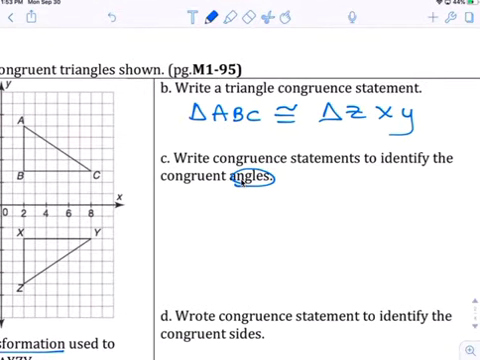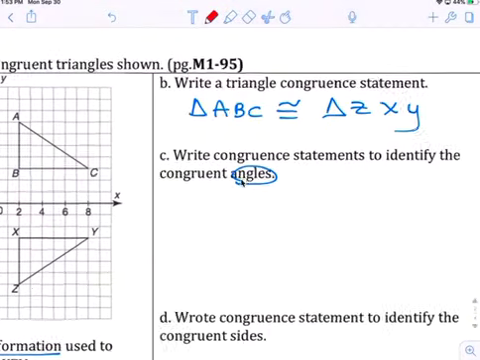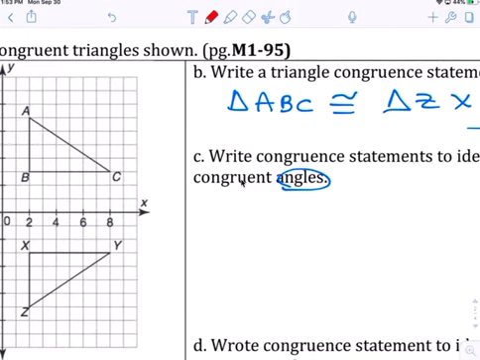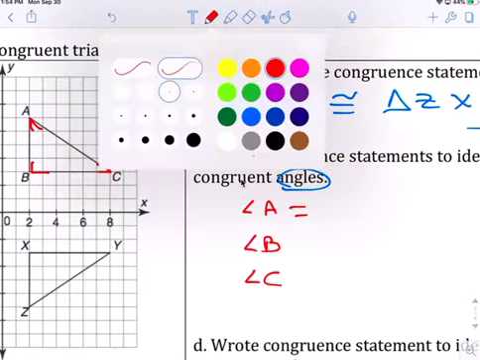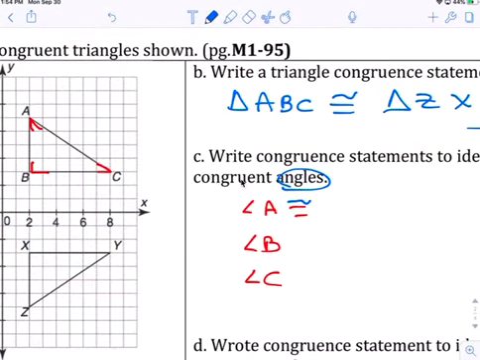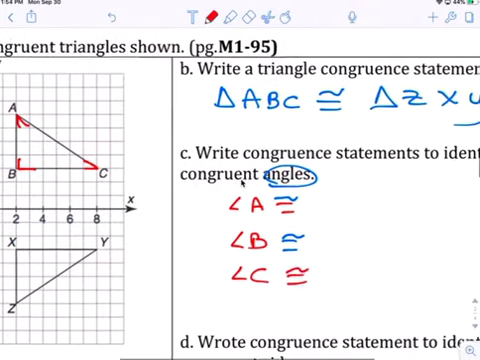Angles. Write a congruent statement to identify the congruent angles. Okay. Just identify the congruent angles. Angle A. Now the angle is angle B. Now the angle is angle C. Okay, angle A is the same as, or congruent to, and angle C is congruent to.